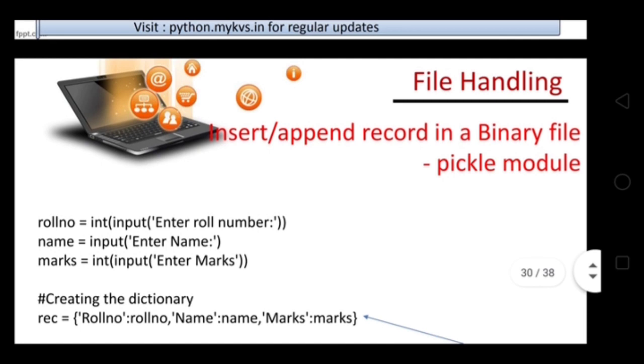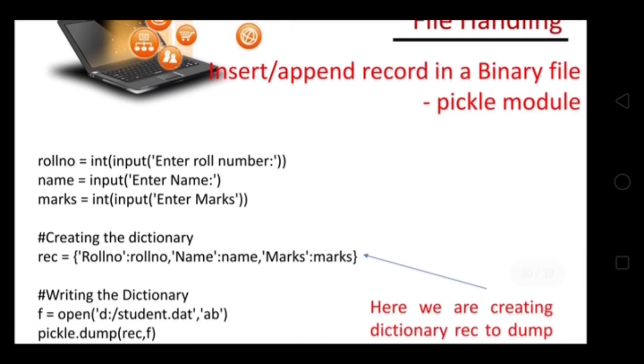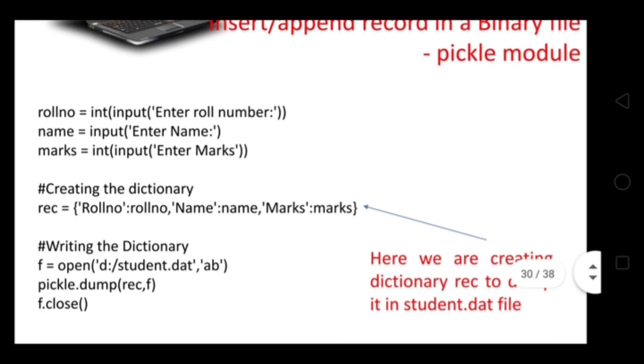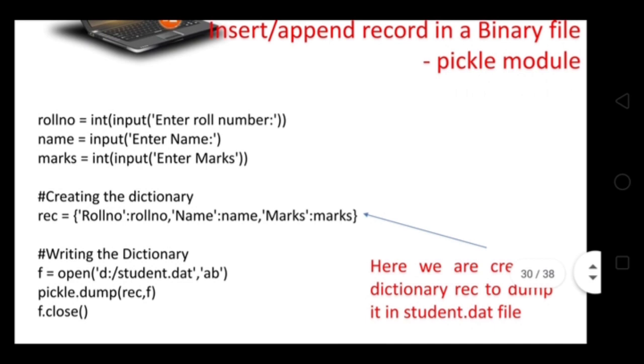So next is insert and append record in the binary file. Now insert, you all know that if we want to add anything into my file, that is known as insert. Within the content we can write, and append is nothing but when we are writing at the end of the file.